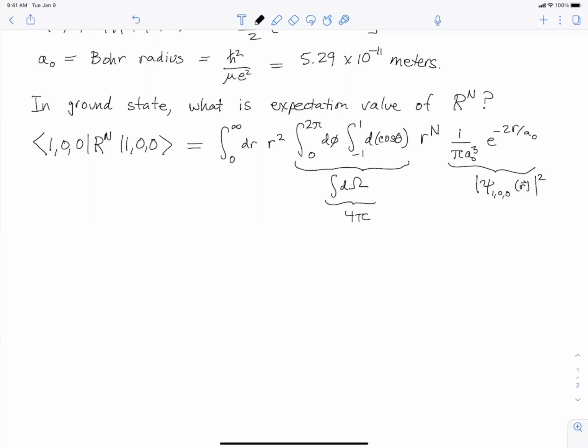Okay, so our answer for the expectation value is, once we cancel the pi's, 4 over the Bohr radius cubed times an integral that we still have to do from 0 to infinity dr of r to the n plus 2 e to the minus 2r over the Bohr radius.